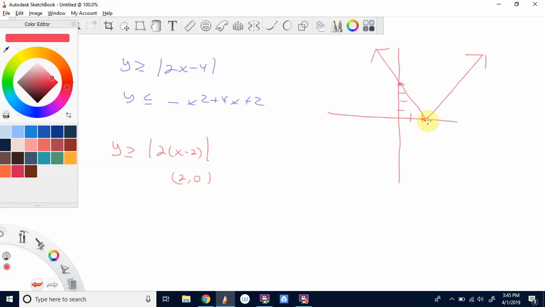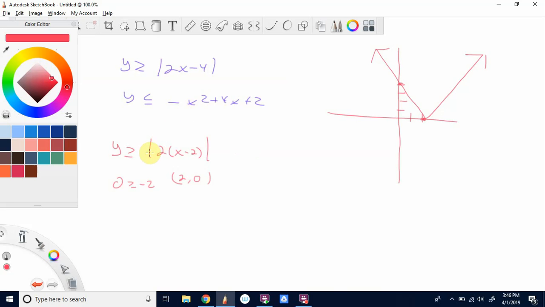I'm going to pick the origin, 0, 0. So 0 is negative 2 times 2 is negative 2. The absolute value is negative 2. Is negative 2 less than or equal to 0? It is.